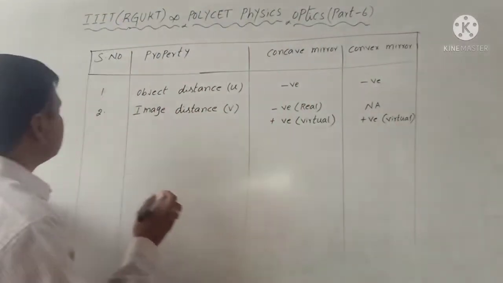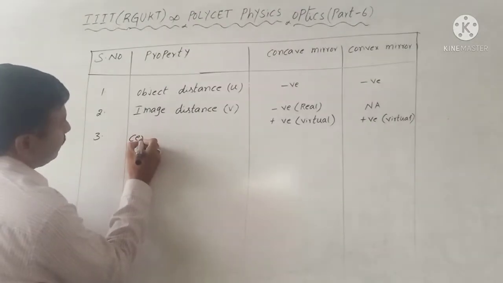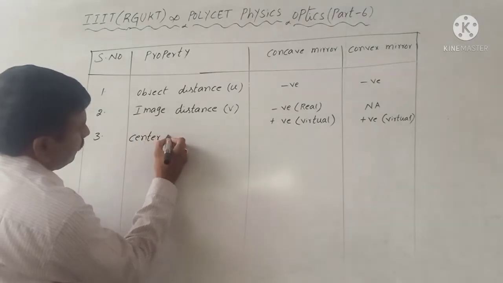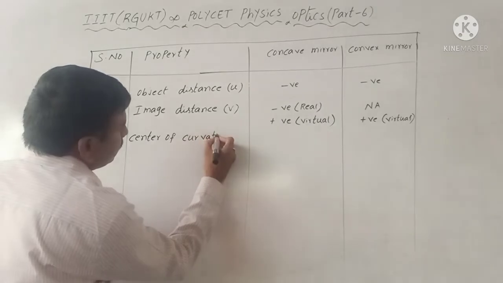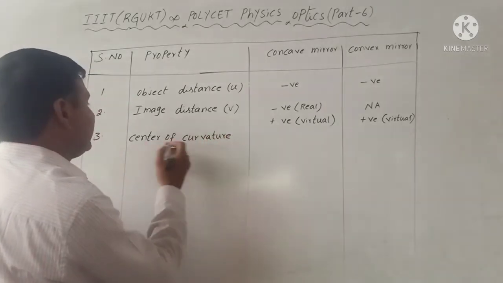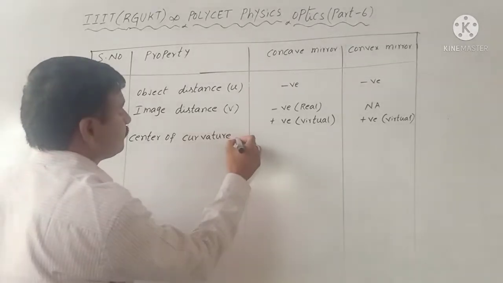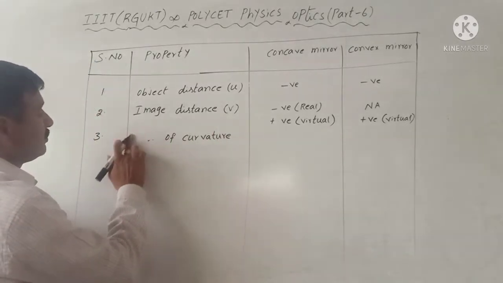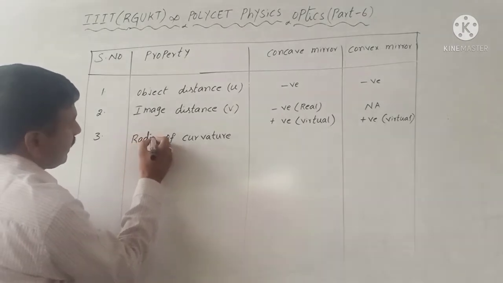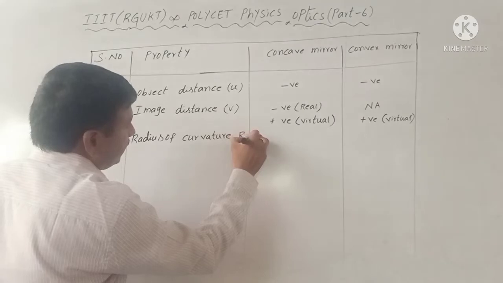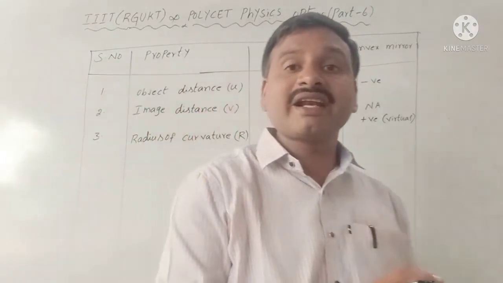Okay. Next, we go to the third one. Radius of curvature. It is denoted by the capital letter R. What is radius of curvature?